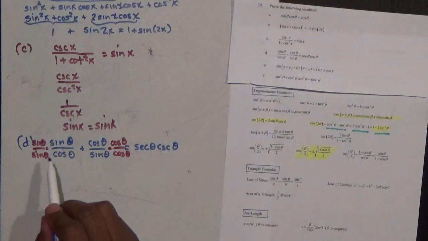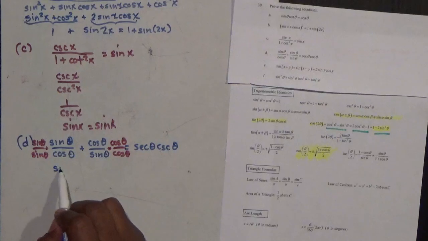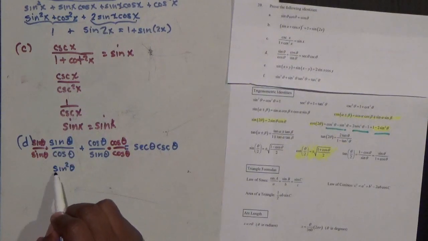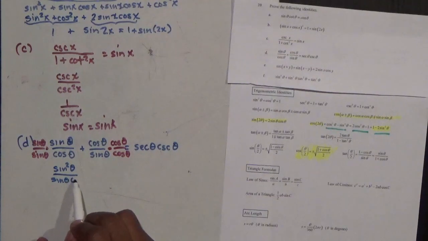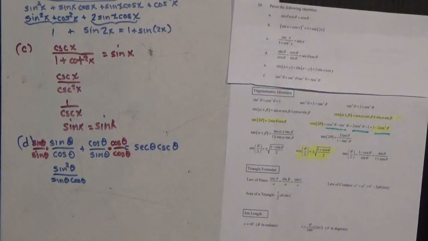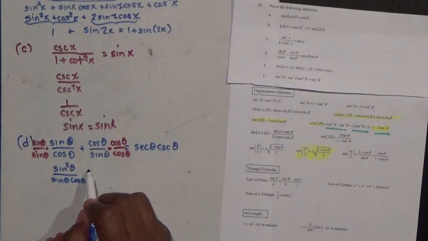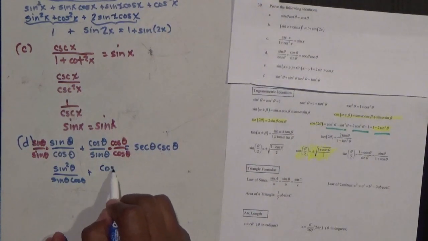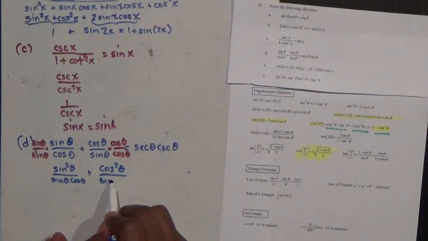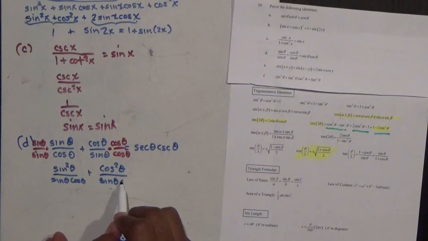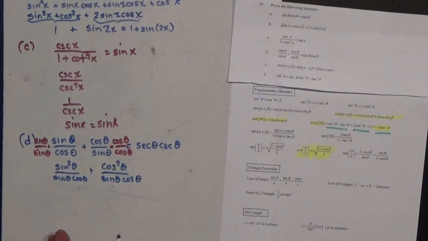All right, so if I do that, this is sine squared theta over sine theta cosine theta, and this one is cosine squared theta over sine theta cosine theta.